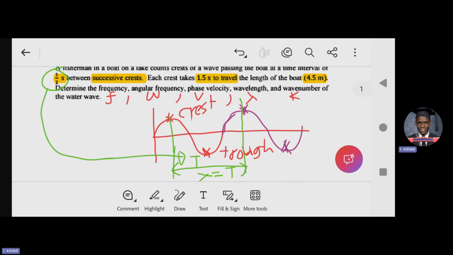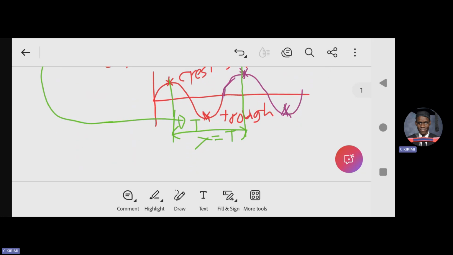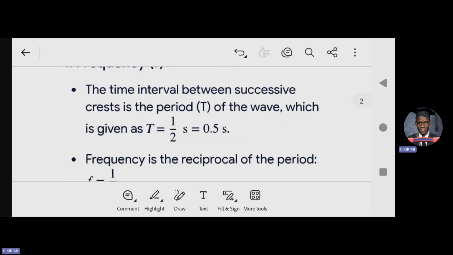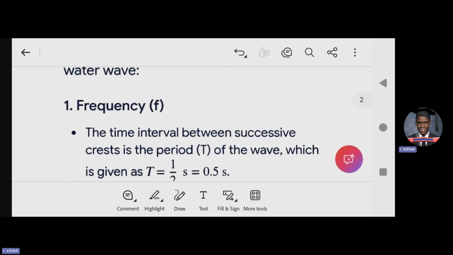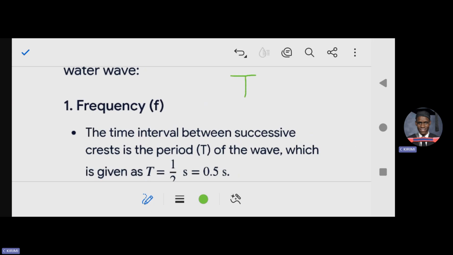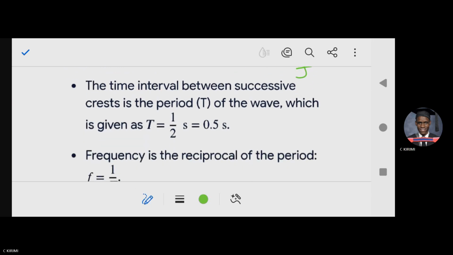With T equal to half a second, we can calculate the frequency using the formula I indicated yesterday: T is equal to 1 over f, and also f is equal to 1 over T. Here we want f, and T is half, which is the same as 0.5 seconds.